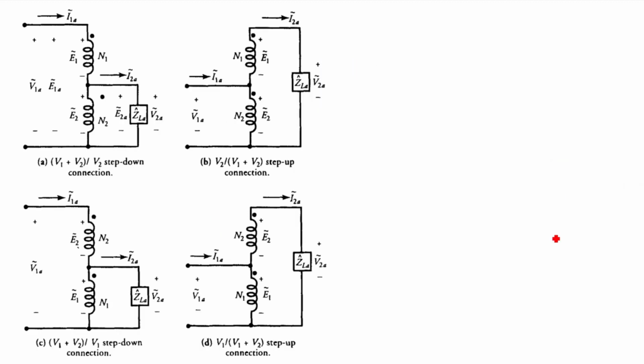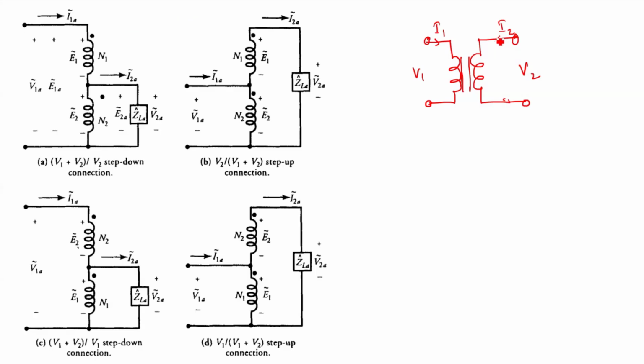So non-idealities means, so these are the four configurations. If we have a two winding transformer, this is your two winding transformer, the core, and this is V1, V2, I1, I2, right?